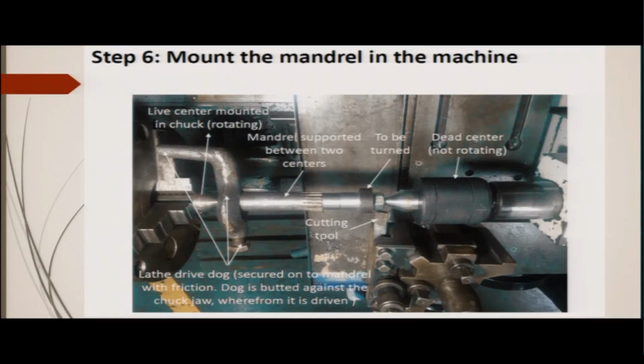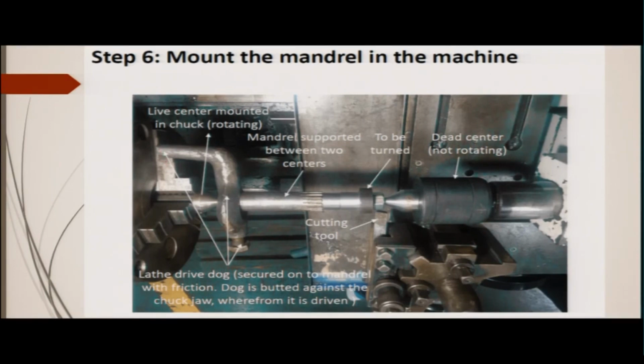But now, since there are centers, it can be mounted on the centers, and in that case there is this lathe drive dog. Here you can have a center, and the mandrel can be on the center. Then with the help of the lathe drive dog, this is secured in one of the jaws of the 3-jaw chuck.